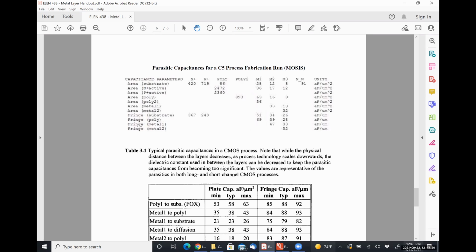So we test for those values and we treat every capacitor as a combination of area capacitance and fringe capacitance, just like we treated those depletion region capacitances as a bottom capacitance and a sidewall capacitance. They're effectively equivalent, but for different reasons, right?